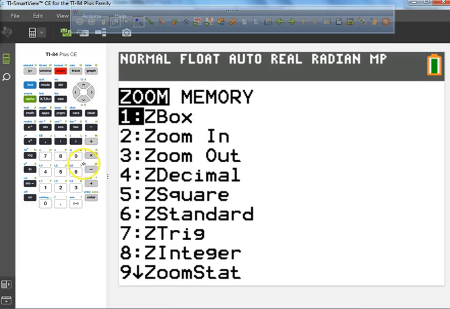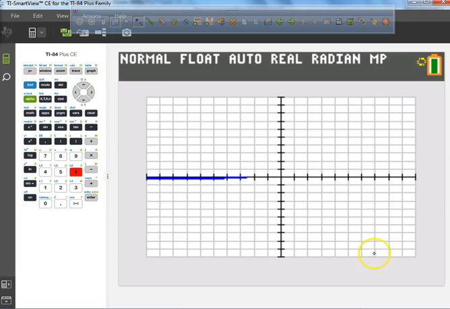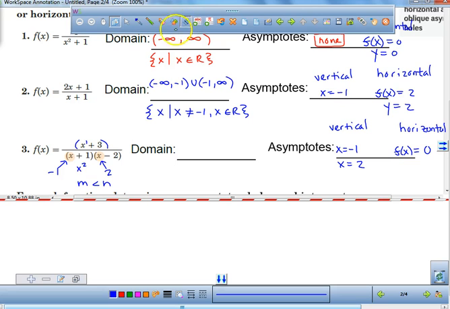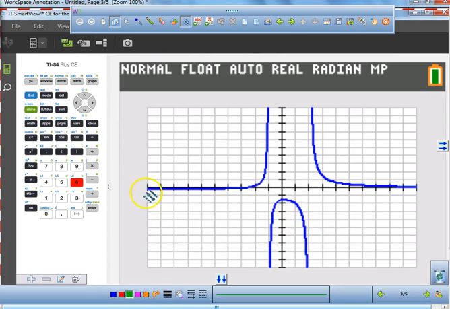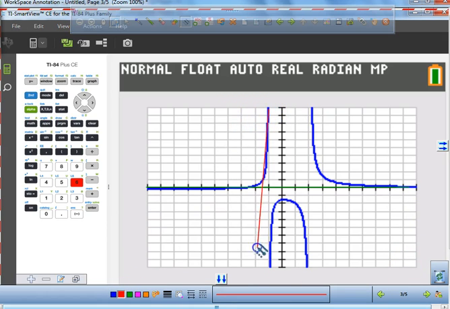Okay, zoom 6. So right here, that right there is our horizontal asymptote, and we have 2 vertical asymptotes. We have a vertical asymptote right here, and we have a vertical asymptote right there.